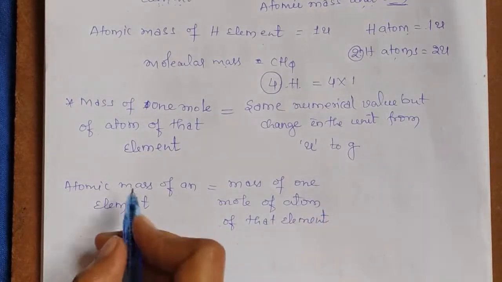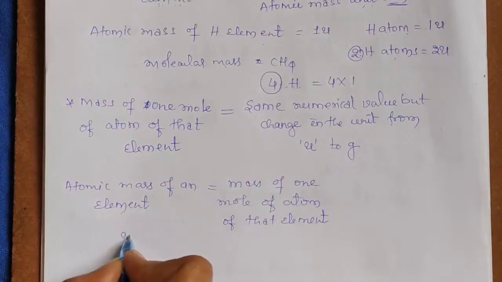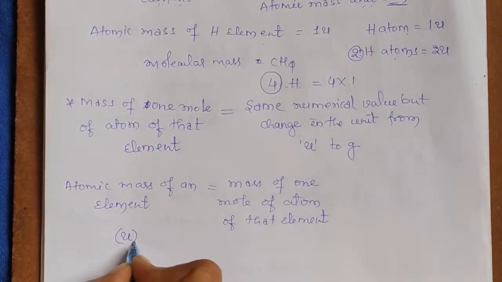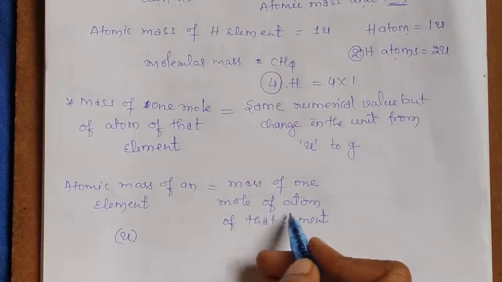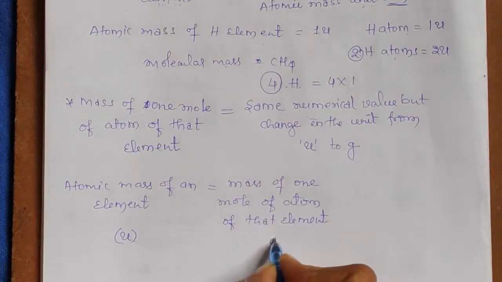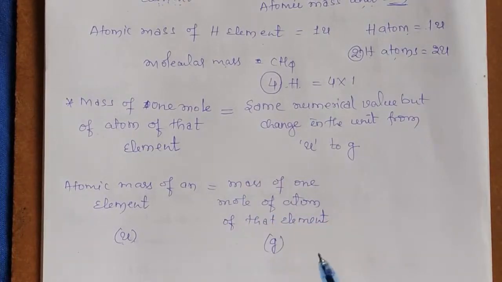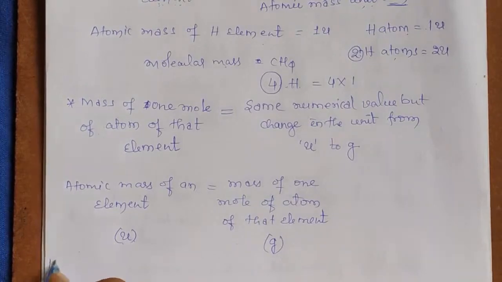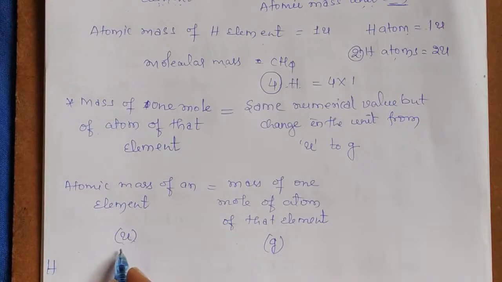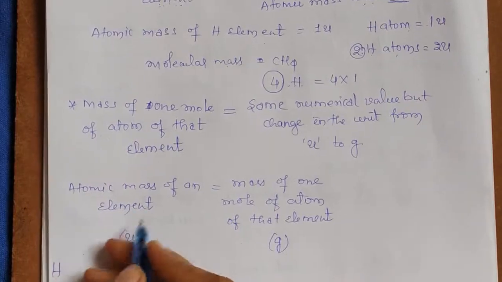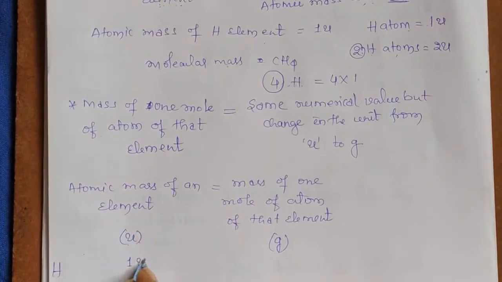But the difference is atomic mass of an element is expressed in terms of atomic mass unit, but mass of 1 mole of atoms is expressed in terms of grams. And the numerical value will be the same. For example, atomic mass of the hydrogen element is 1 atomic mass unit, whereas mass of 1 mole of hydrogen atoms is 1 gram.